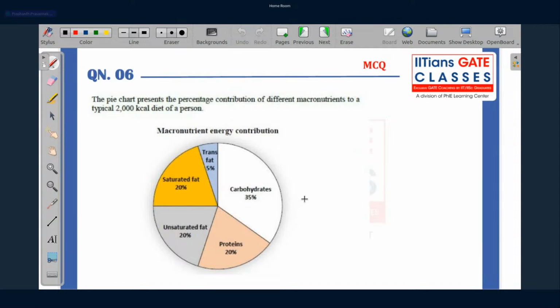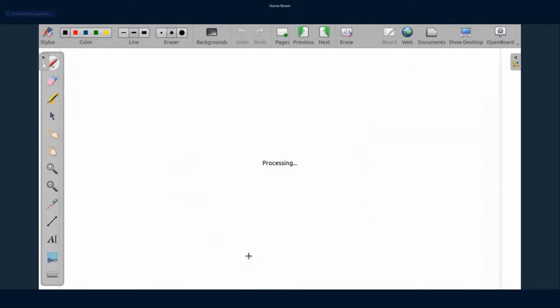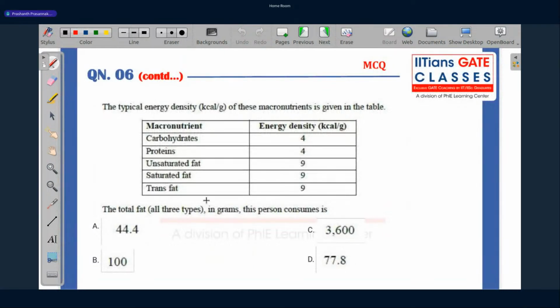Okay. The pie chart presents the percentage contribution of different macronutrients to a typical 2000 kilocalorie diet of a person: 20% unsaturated fat, 20% saturated fat, trans fat, carbohydrates 35%, and proteins. And we have a table listing the typical energy density, kilocalorie per gram, of these macronutrients.